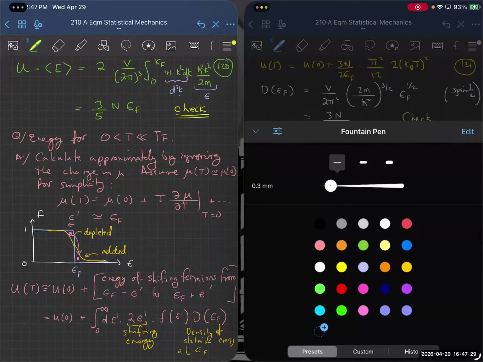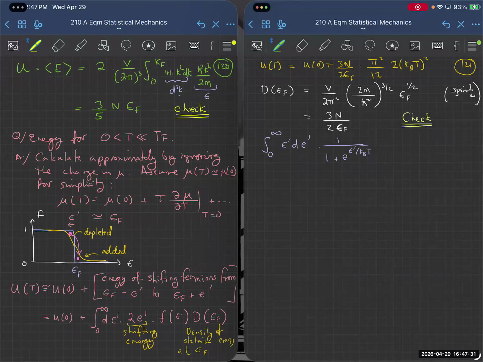And like all integrals of this sort, the trick is a change of variable. So a new variable x is epsilon prime over kBT. And so then you can immediately see where this factor of kBT squared came from.